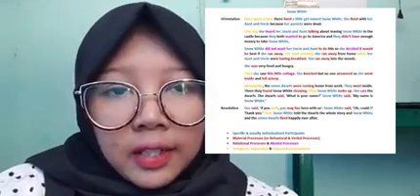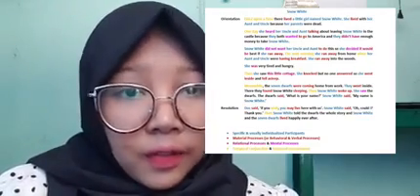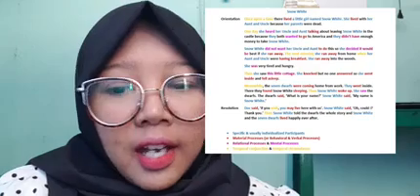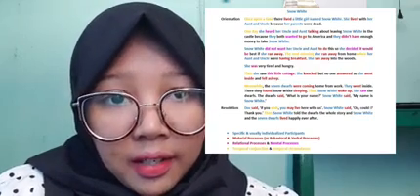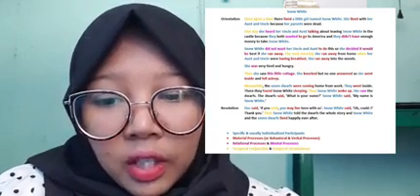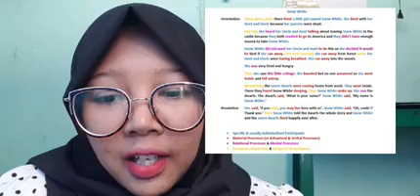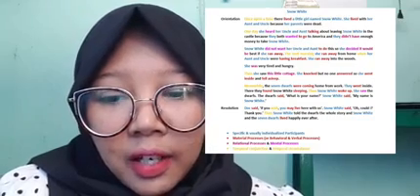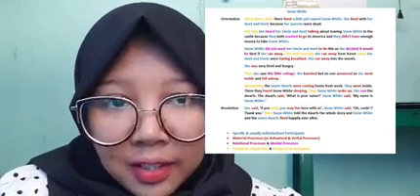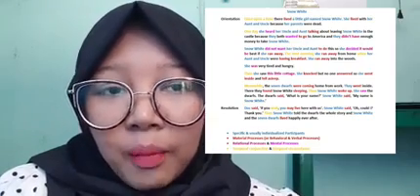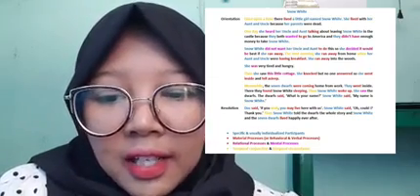The generic structure in narrative text consists of, in the first paragraph, orientation, and then complication and resolution, and the next paragraph is complication and resolution again, and also complication, then the last is resolution.